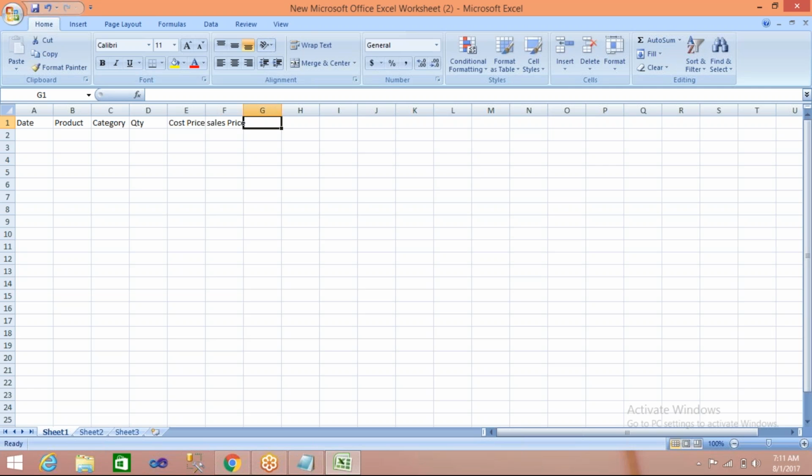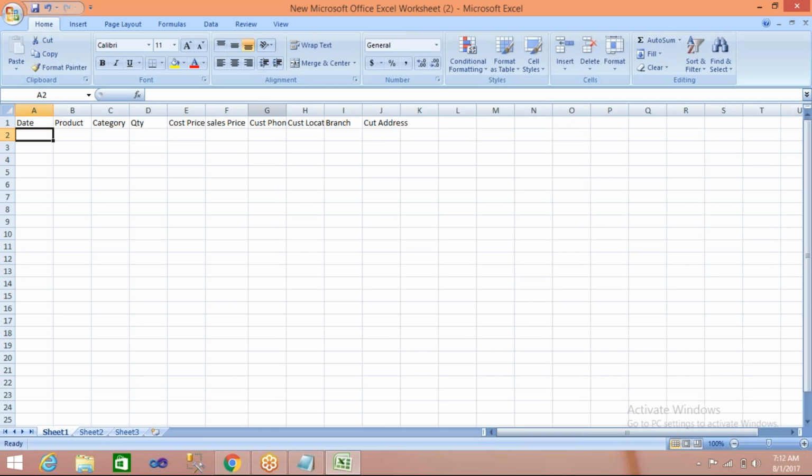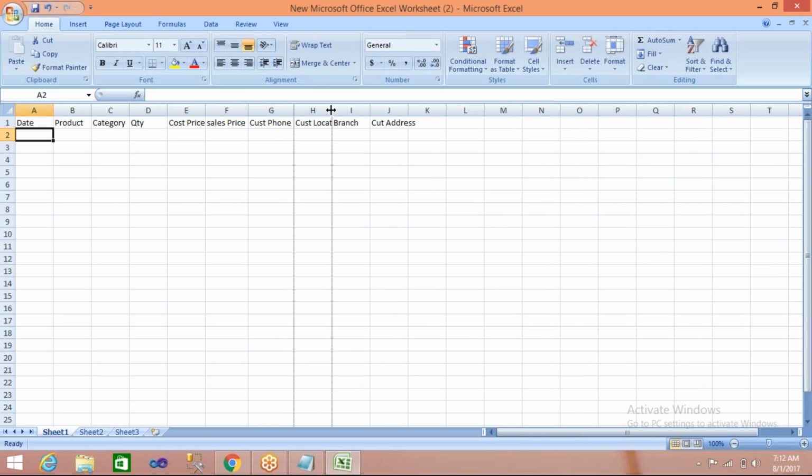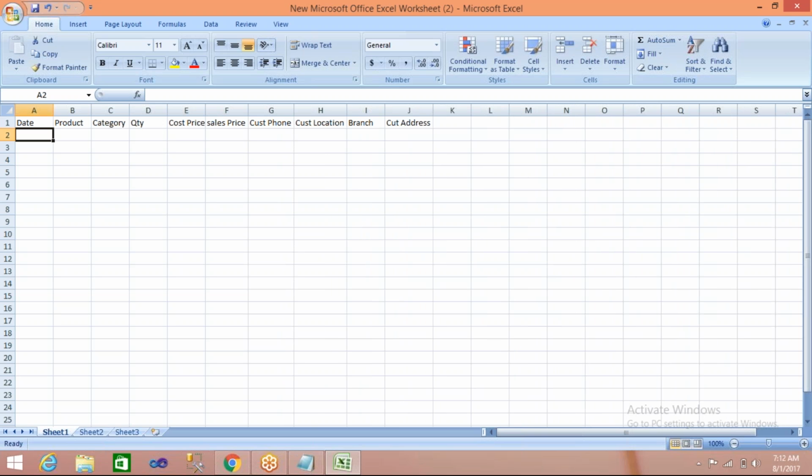and if you want to save the customer information, customer phone number, customer location, and if we have multiple branches, then the branch details and customer address. The record they enter should be like this.